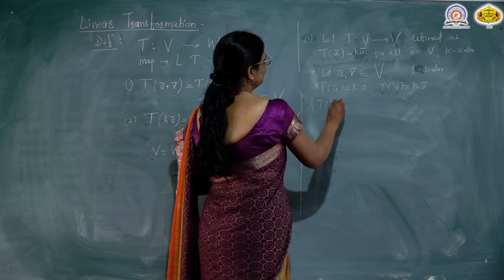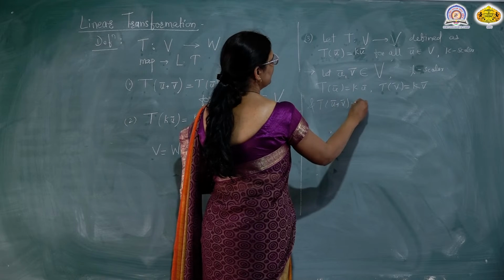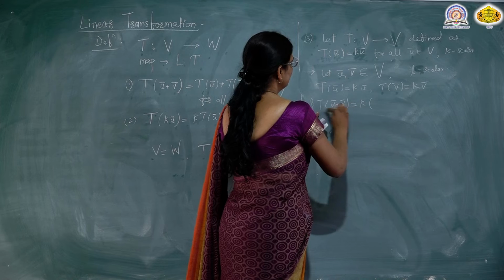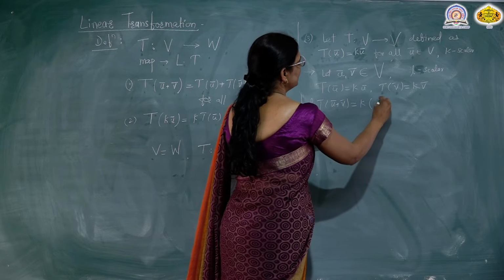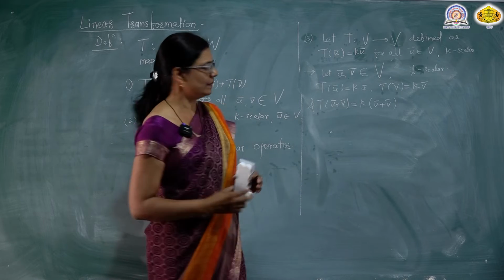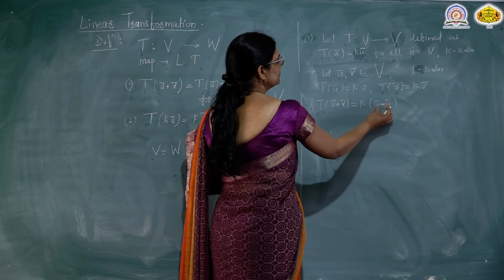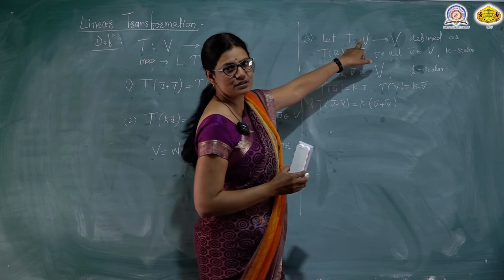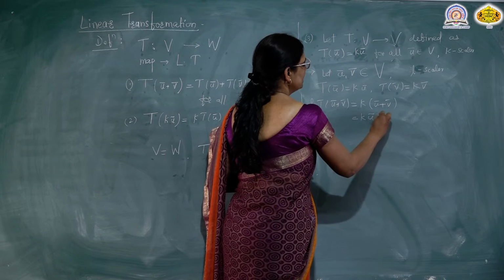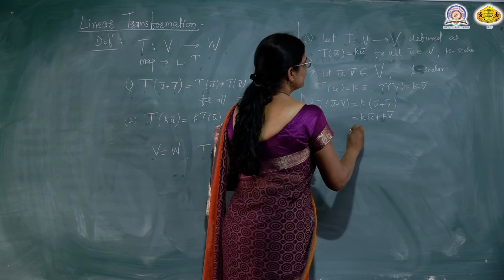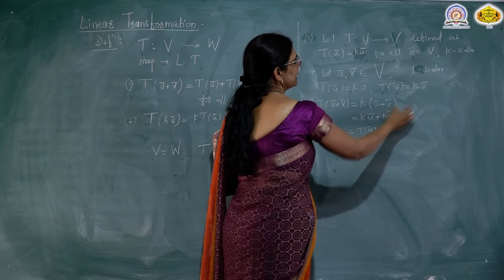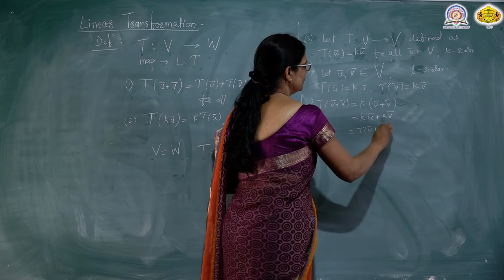Then calculate T of u bar plus v bar, again using the definition of T. So T of u bar plus v bar equals k times (u bar plus v bar). Now k is a scalar, these are two vectors, and V is a vector space, so this can be written as k times u bar plus k times v bar, which is the same as T of u bar plus T of v bar.